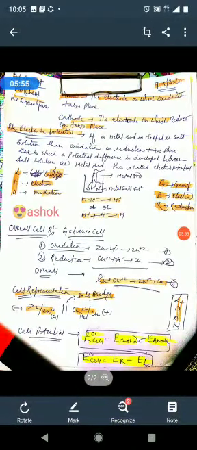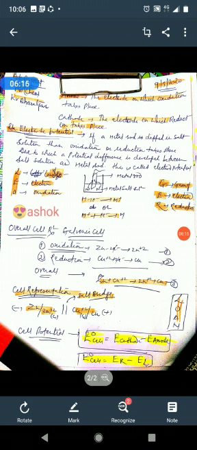Now we will discuss the overall cell reaction of the galvanic cell. Oxidation: Zn minus 2 electrons gives Zn2+. Reduction: Cu2+ plus 2 electrons gives Cu. Cell representation: we know that on the left side there will be the anode, and on the right side there will be the cathode. So Zn | Zn2+ (C1) || Cu2+ (C2) | Cu.